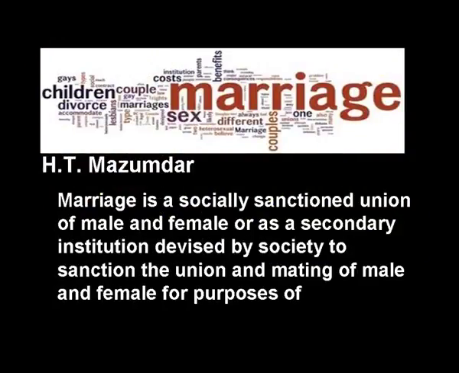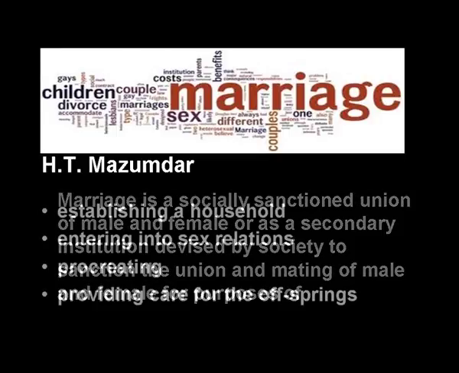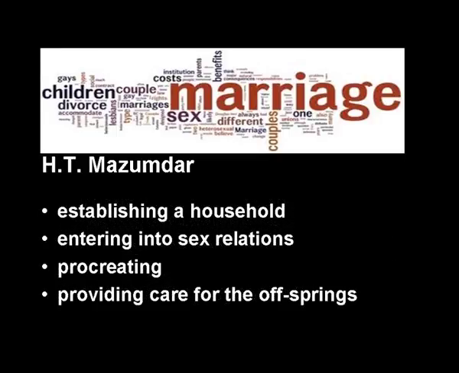According to Majumdar, marriage is a socially sanctioned union of male and female, or a secondary institution devised by society to sanction the union and mating of male and female for the purposes of establishing a household, entering into sex relations, procreating and providing care for the offspring.